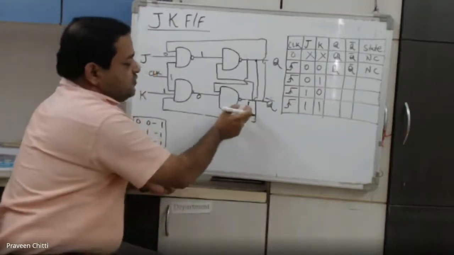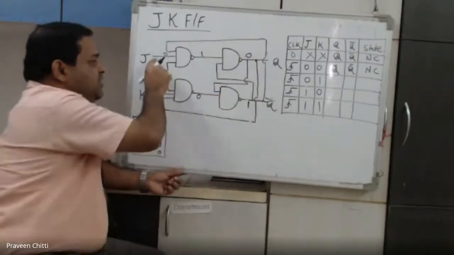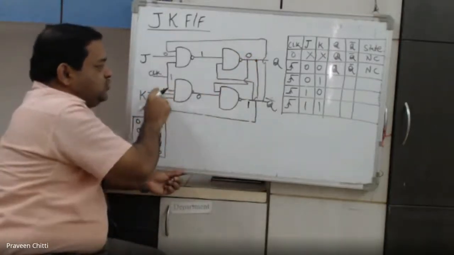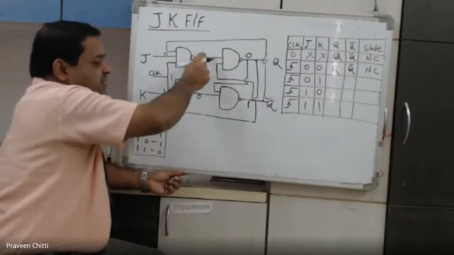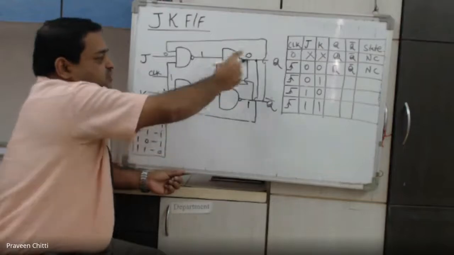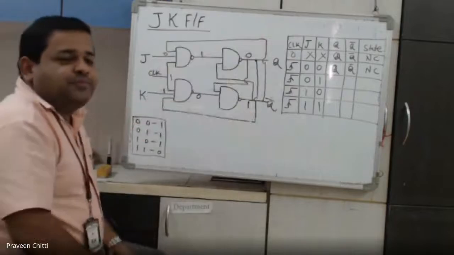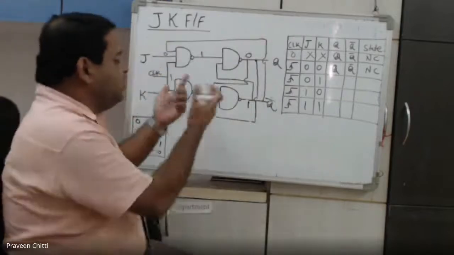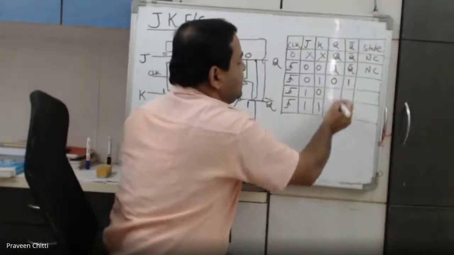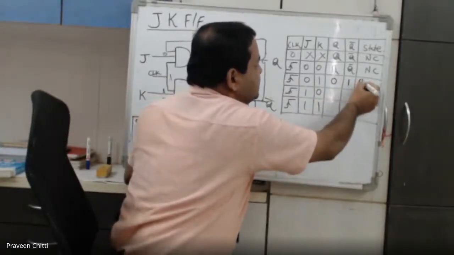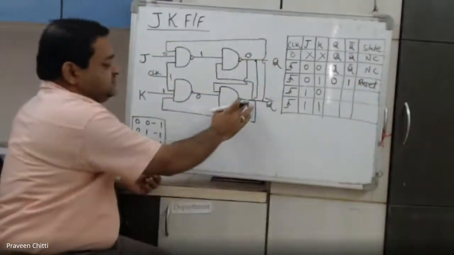This will force to 1, and this 1 and this 1 will give you 0. That means when you apply J equal to 0, K equal to 1, to this latch you are giving input as 1 0. And when the input is 1 0 to the latch, we are getting Q equal to 0, Q bar equal to 1, irrespective of the previous value of Q. Previous value of Q may be anything. We are going to get Q equal to 0, Q bar equal to 1, and this state is called the reset state of the latch.